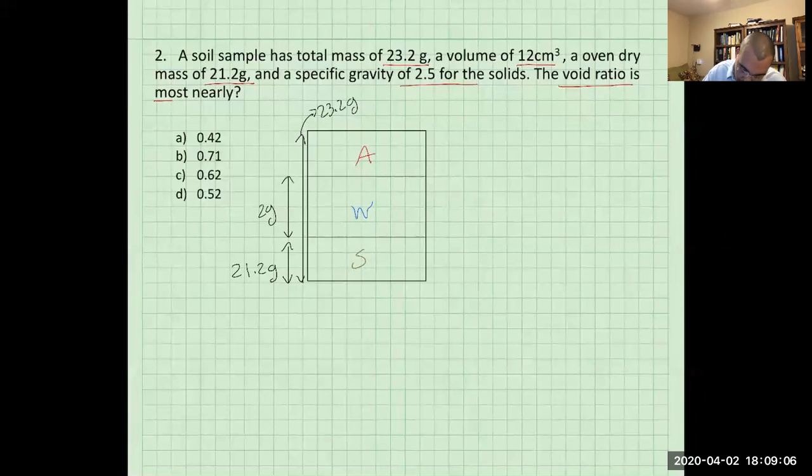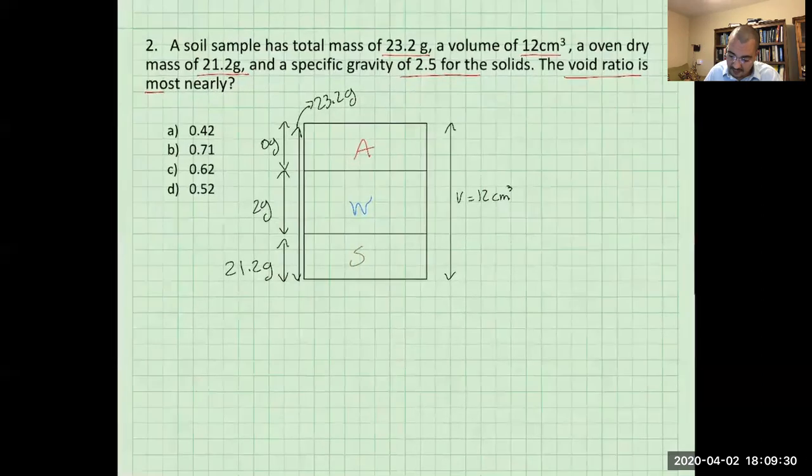Now, again, the mass of air will be 0 grams in all phase relationship questions that you will have on the FE exam. And here we are given a total volume. And this total volume is 12 centimeters cubed.